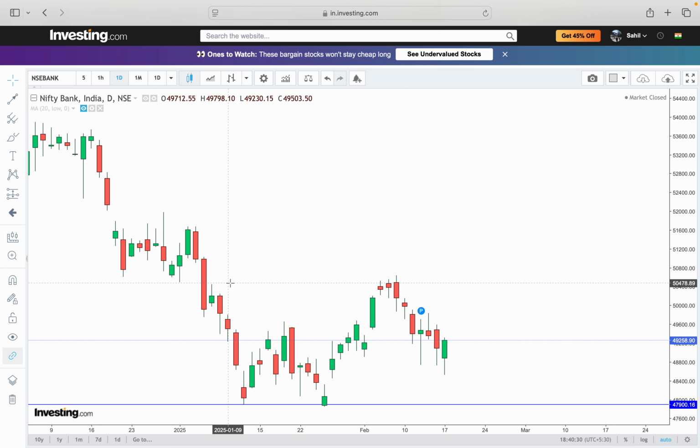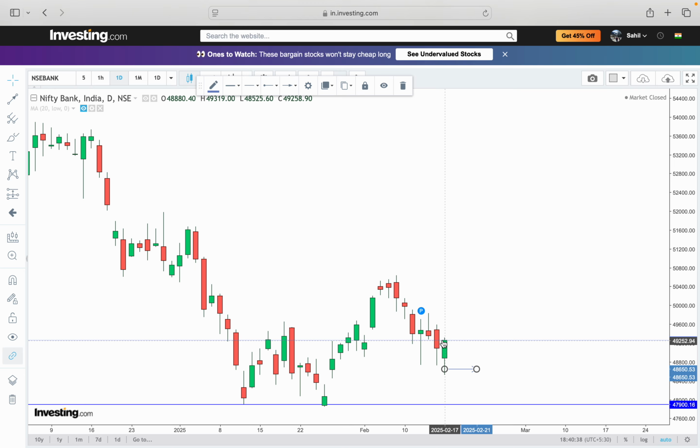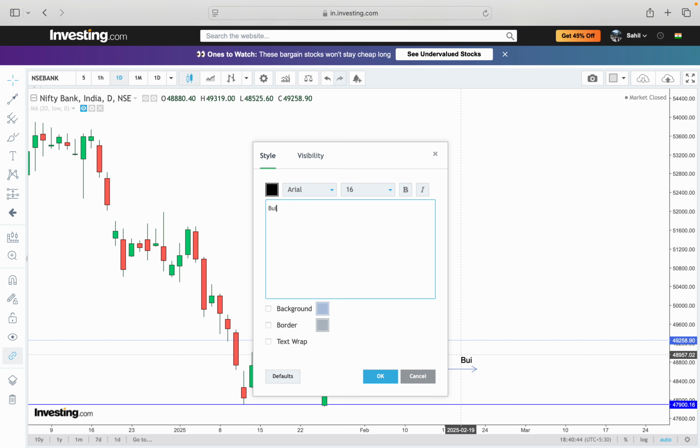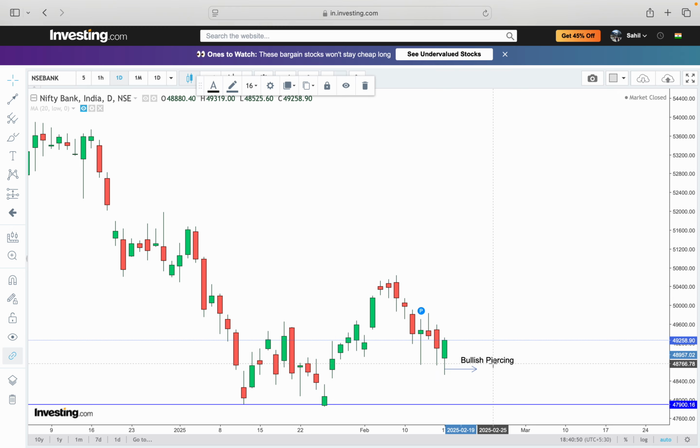And the candlestick that the index is forming today within the range is that of a bullish piercing. I'll just note this here.